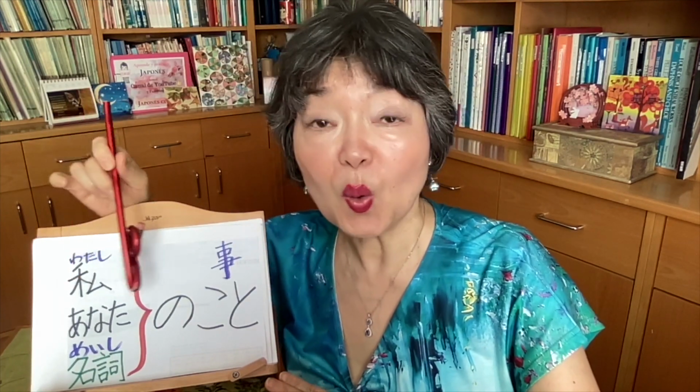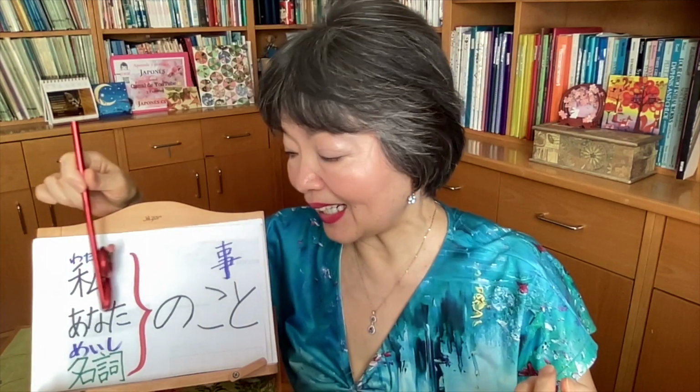This is really a Japanese style of expression. In English, you only say me and you, but in Japanese, 私 or 私のこと, あなたのこと. To say, do you like me? 私が好き? It sounds too direct. So we say 私のことが好き and this sounds better.